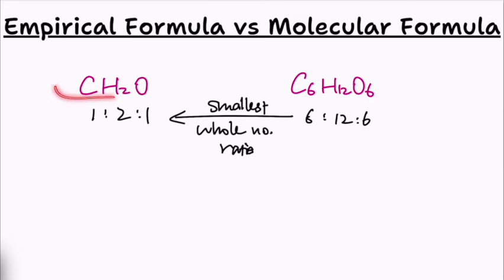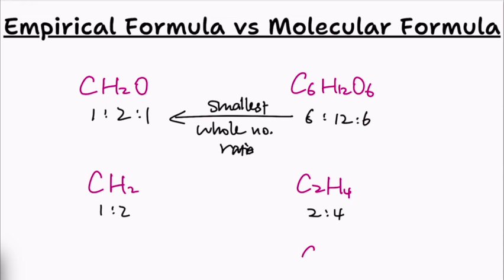So I just plug in all the atoms, and it will be carbon 1, hydrogen 2, and oxygen 1. C2H4, its empirical formula will be CH2, because the ratio of 2 to 4 can be simplified to 1 to 2. Or let's say C2H6, ethane, its empirical formula will be CH3.